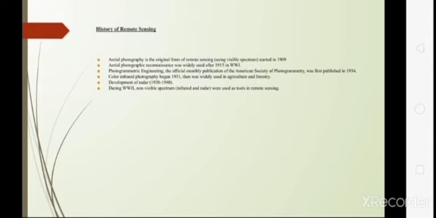Color infrared photography began in 1931, then was widely used in agriculture and forestry. Development of radar, 1930 to 1940. During WWII, the non-visible spectrum was used as a tool in remote sensing.